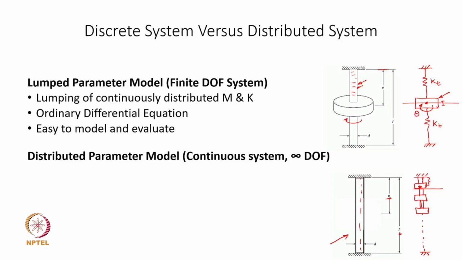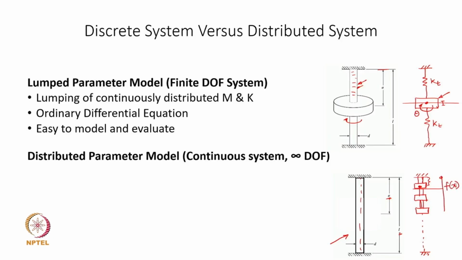So that model is the continuous system, and obviously, because the mass and stiffness properties are continuously distributed throughout its length, we will have the mass as a continuous function of the position variable x.